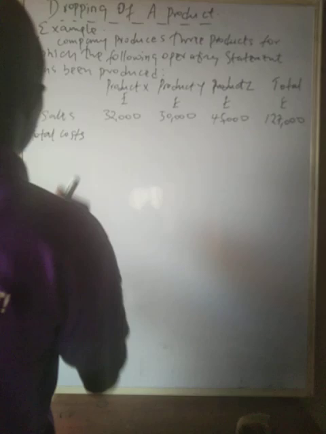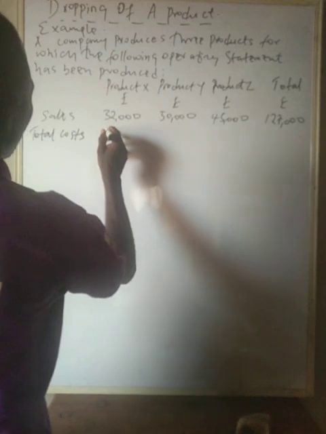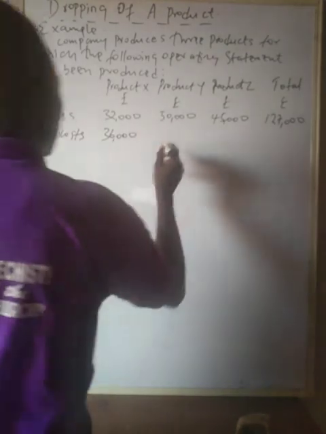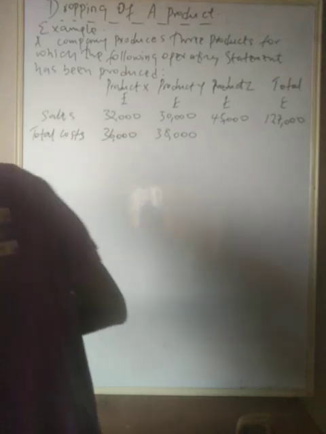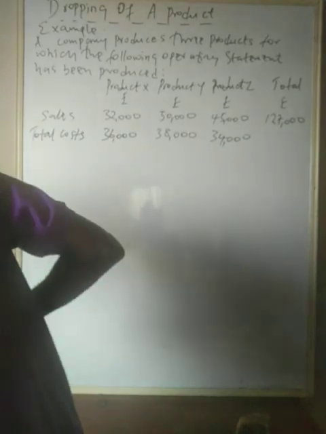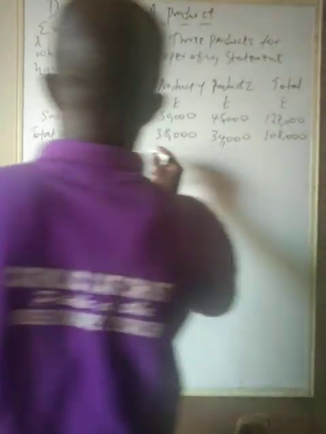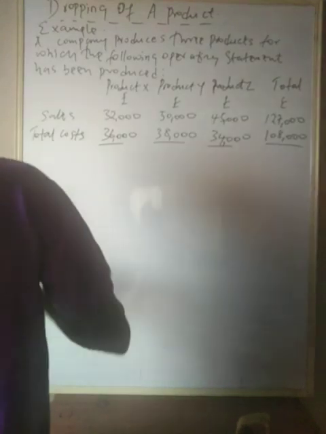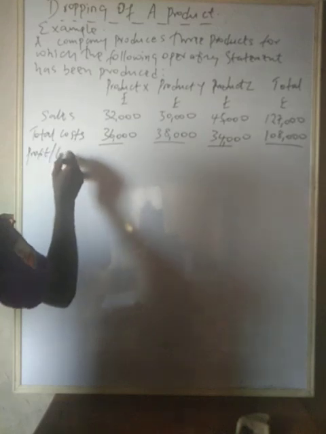Then you have total costs, comprising variable costs and fixed costs: 36,000 for product X, 38,000 for product Y, 34,000 for product Z, and 108,000 total. Adjusting these against sales, you have the profit or loss.